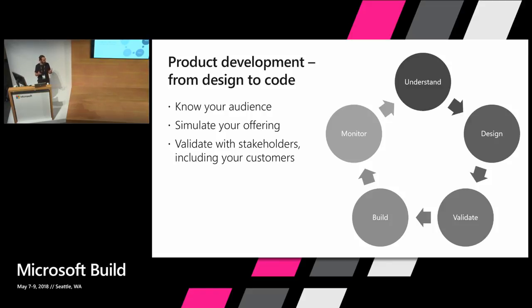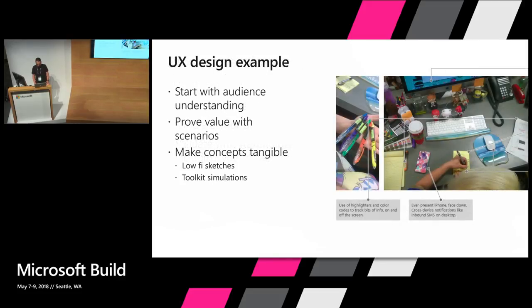You work together to define a product, and before code is written, there's some simulation of that offering that you use to validate with your stakeholders. Of course, this process is often not as neat as this cyclical diagram. You're bouncing around in the process, and it can sometimes be frustrating, but always rewarding when you deliver something to your end users.